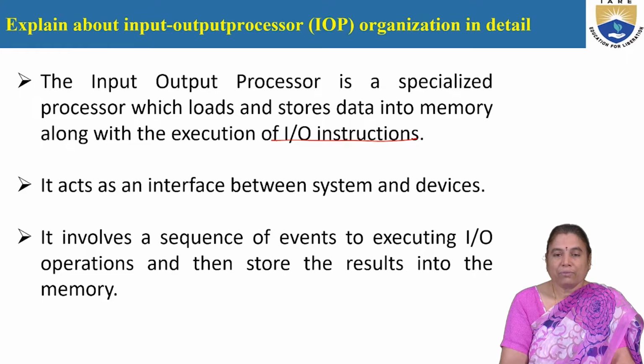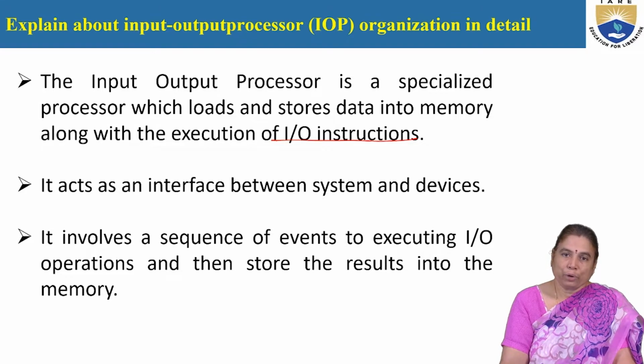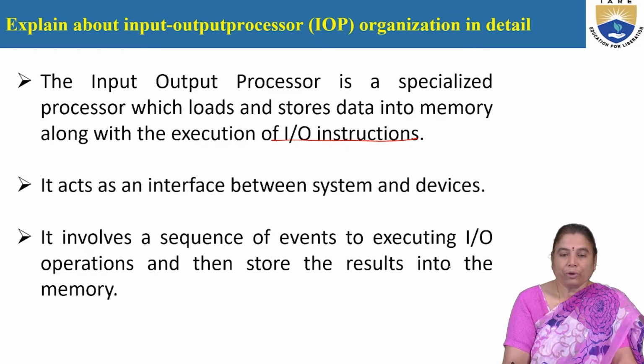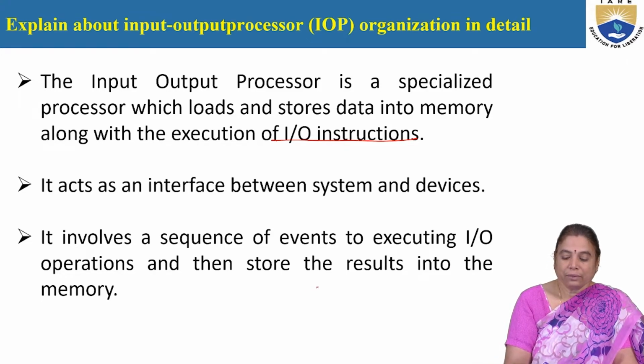With the help of IO instructions, the input-output processor can activate the necessary input-output device. It acts as an interface between the system and the devices. The IOP is a sequence of events to execute IO operations and then store the results into the memory.